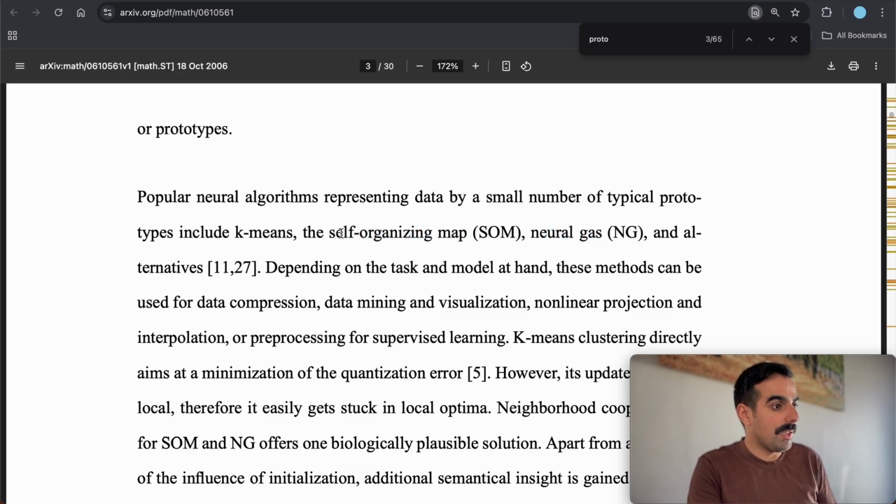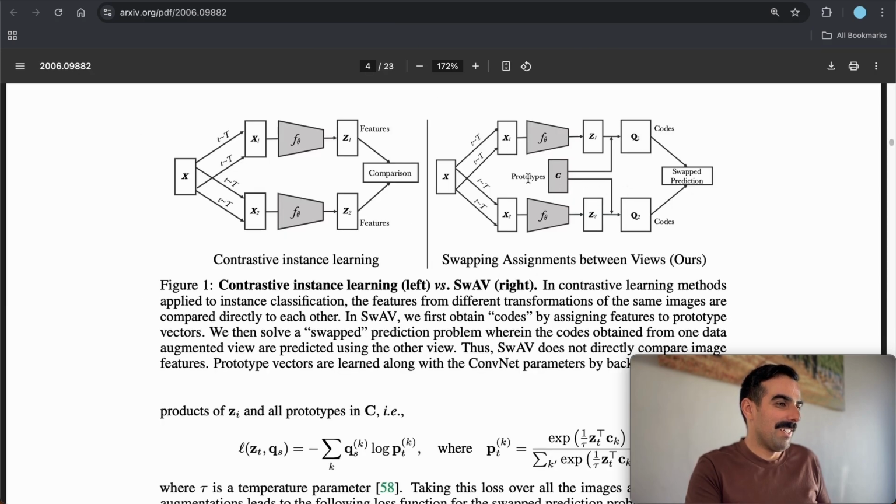The difference between self-organizing maps and neural gas is that self-organizing maps have fixed edges. You start a self-organizing map with edges and you move neurons around with these edges. But in neural gas, you start with no edges and you add edges as you try to quantize the data. So this was a historical background about the term prototype and how it ended up in this paper.